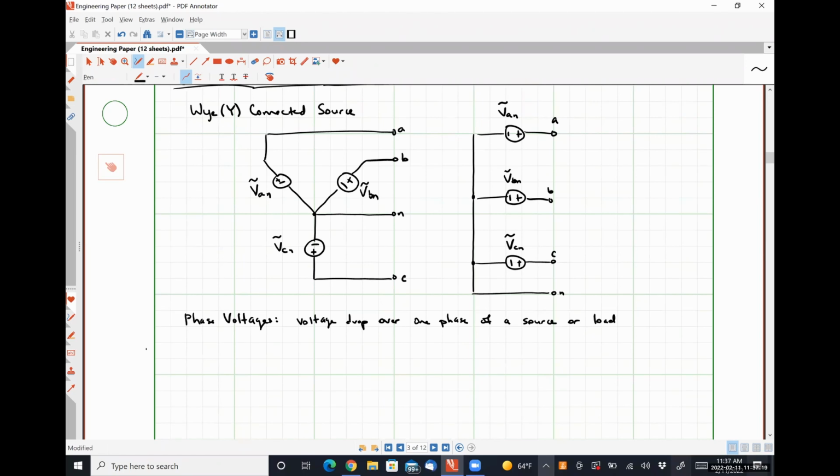So for a Y-connected source, we have three phase voltages: VAN, VBN, and VCN.